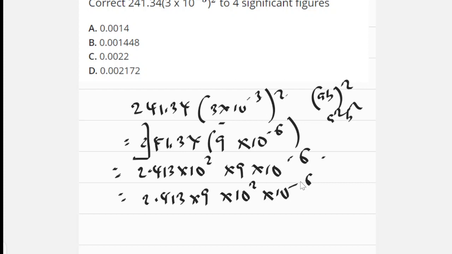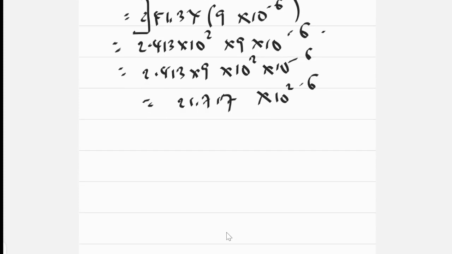I don't know if they still give JAMB calculator, but if they don't give, it is something you can actually do by hand too. So this will give me 21.7206 multiplied by, if you apply the law of indices here, 10 to the power 2 minus 6. So then I'm going to have 21.7206 multiplied by 10 raised to the power minus 4.